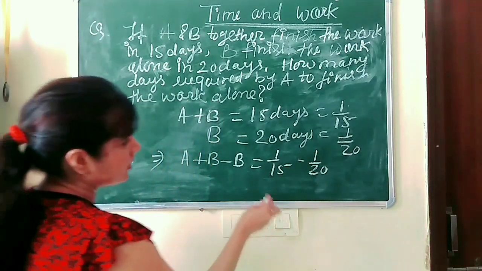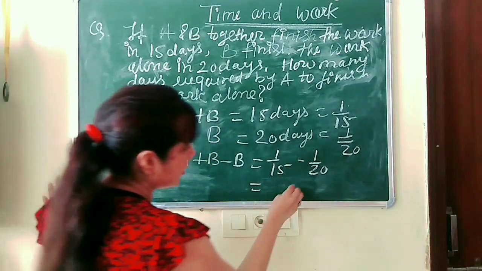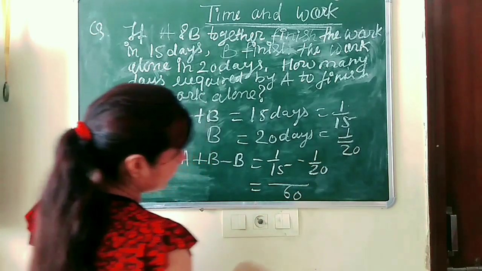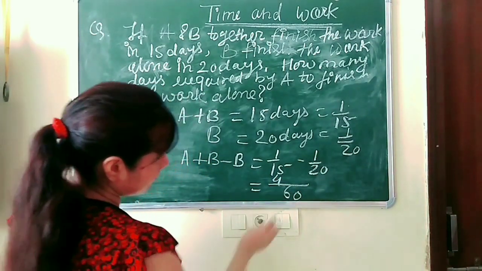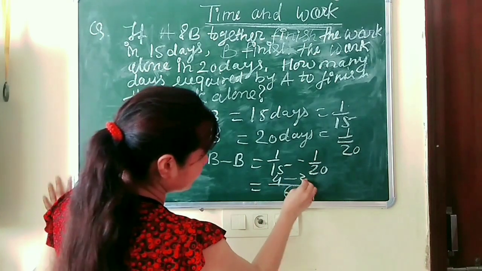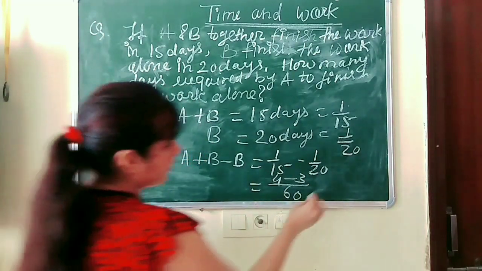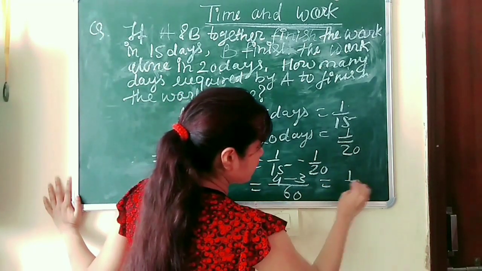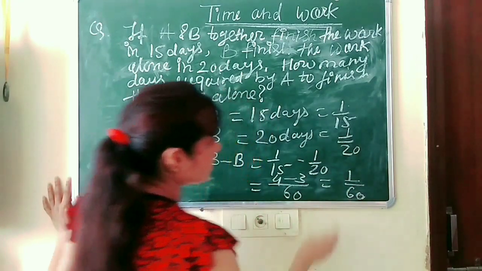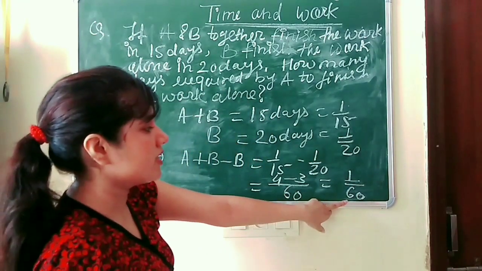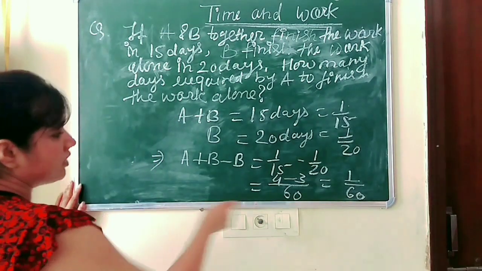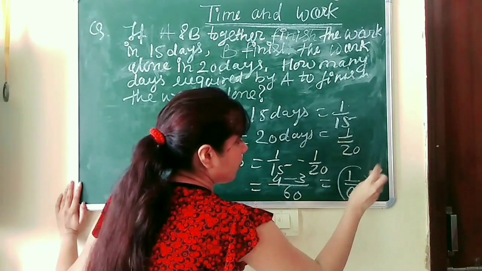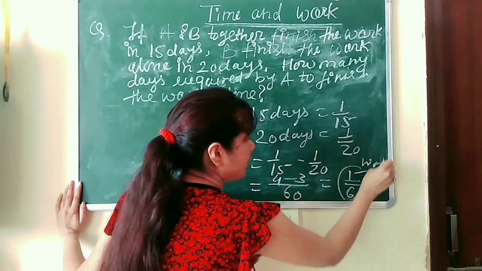Simply we will take the LCM, so we will get 60. And this will be 4 minus 3, so we will get 1 by 60. This is the total amount of work done by A.